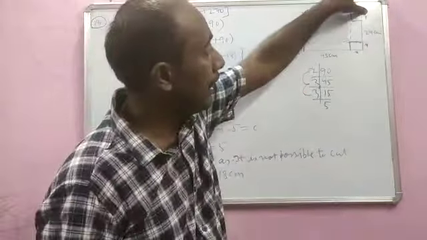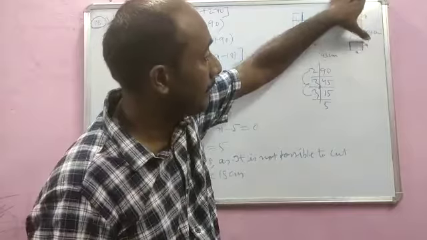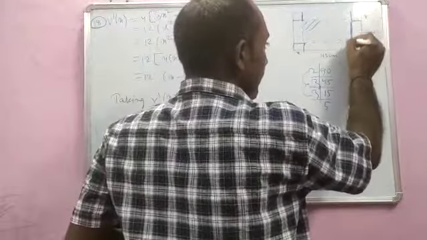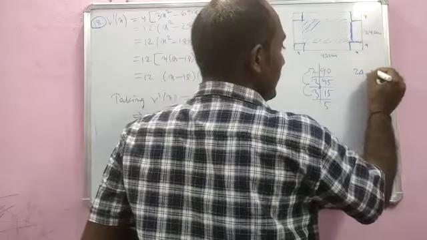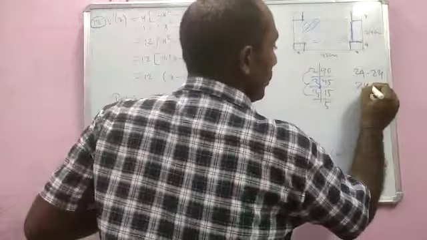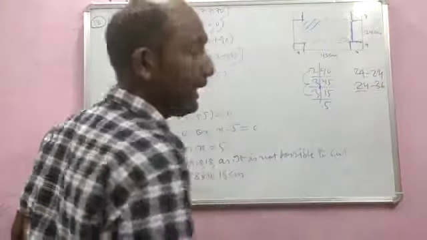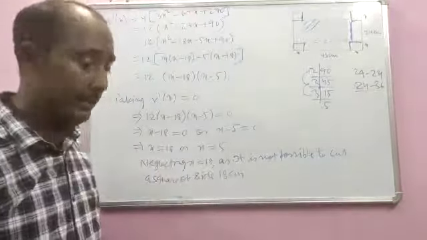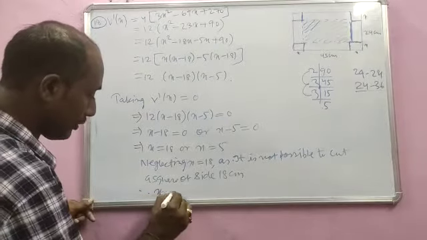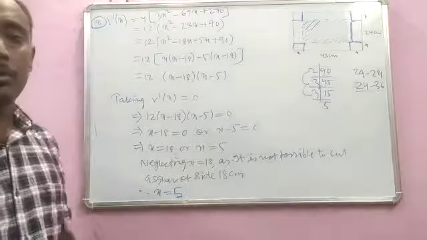Because if you cut a square of side 18, 18 and 18 will become 36. So the value which we have considered for the box, the breadth part, which is 24 minus 2x. So for x is equal to 18, it will become 24 minus 36, which is negative, which is not possible. So we will neglect this part. So therefore the value of x which you will get is x is equal to 5.